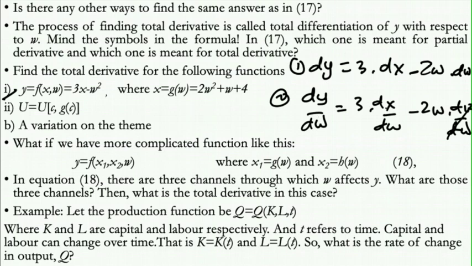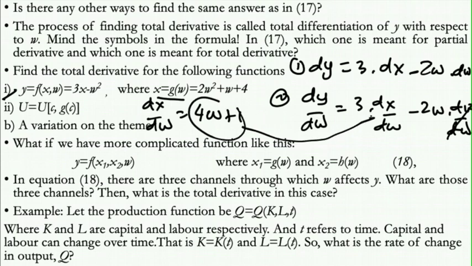Now, dx over dw, you need to differentiate from x as a function of w here. So it becomes 4w plus 1. Once you have this, substitute it here.